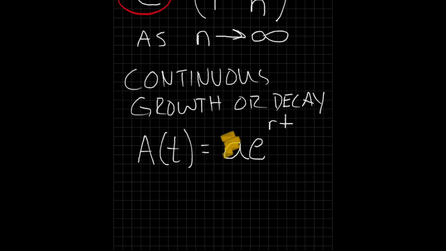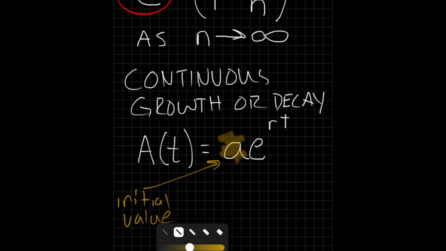And here, A is our initial value of whatever we're dealing with. And E is now taking the place of our base, our growth factor. Isn't that interesting that we can have one number taking the place of that growth factor that we've been using so far? But we also have something different happening in the exponent than what we've seen so far.